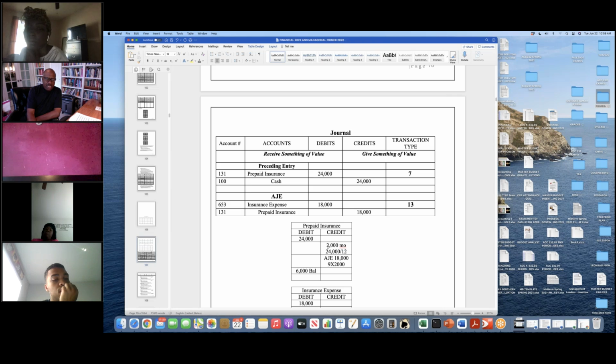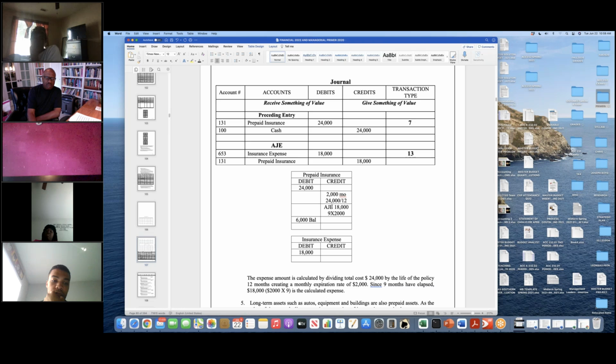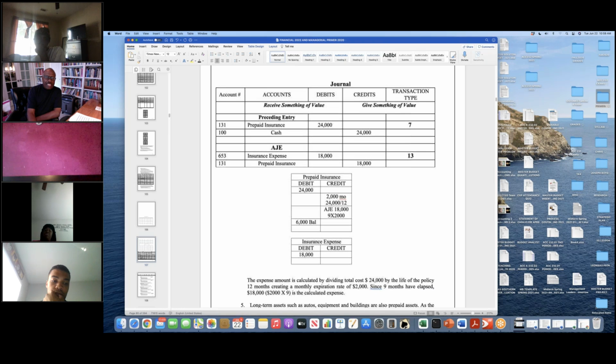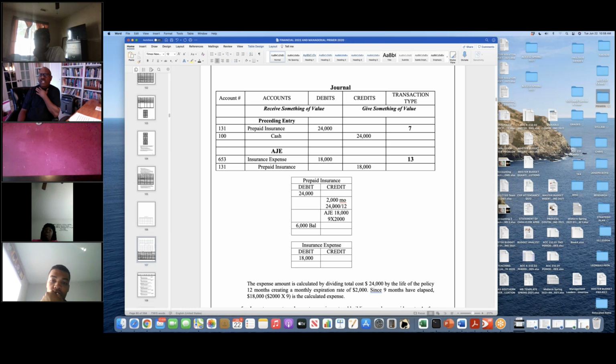And so 9 months have gone by, so we just say 9 times 2,000 gives us 18,000. That leaves 6,000 in the account. So we make the adjusting entry, debit insurance expense and credit prepaid insurance. Is there any question on that? Everybody can do that.